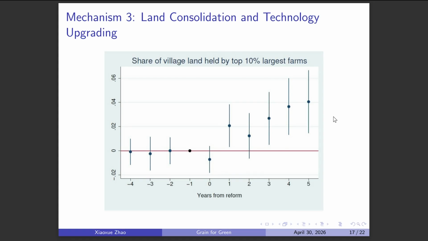Finally, we also find evidence strongly supporting the land consolidation benefits of the Grain for Grain program. In this figure, I show you that the implementation of the program in the village significantly increases land concentration, and significantly increases the share of village land held by the top 10% largest farms within the village.